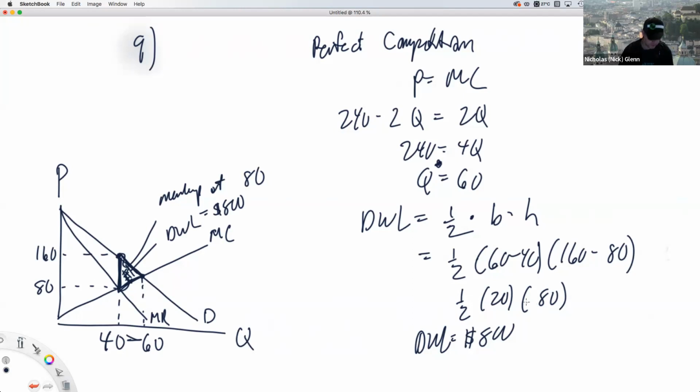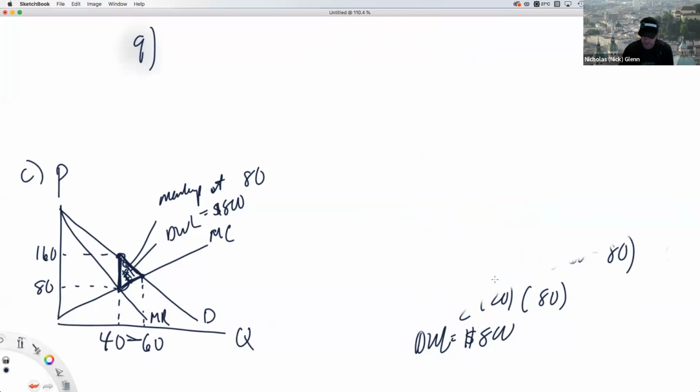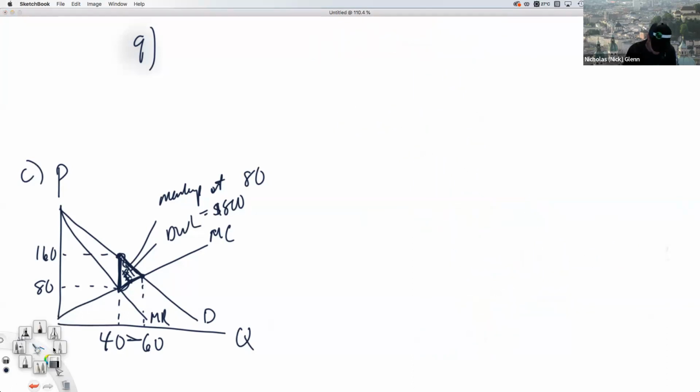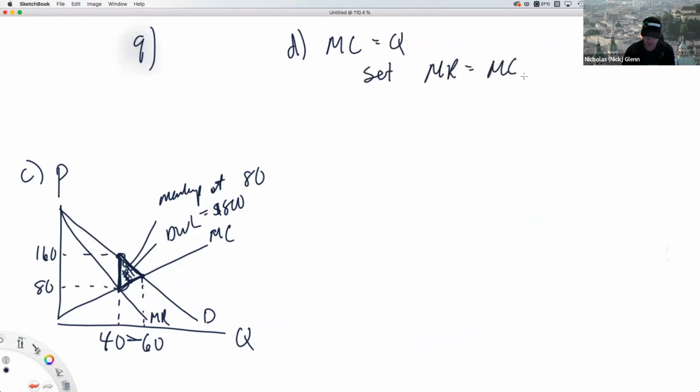Okay, what is the next part? So that's C2 right here, this diagram. We want to show what happens if the marginal cost decreases. I do something that lowers our marginal cost here. And we want to see what happens if marginal cost is equal to Q. And this shows that firms in a monopoly, even then, still have an incentive to lower costs. So we set marginal revenue equal to our new marginal cost.